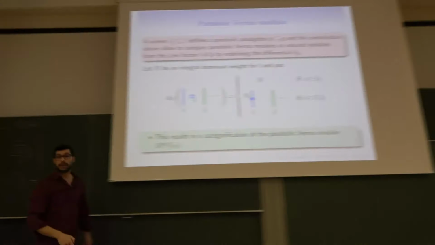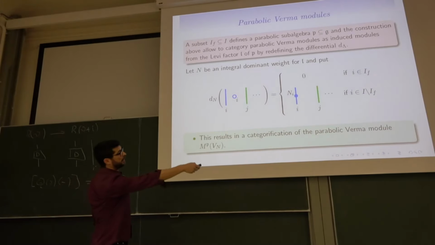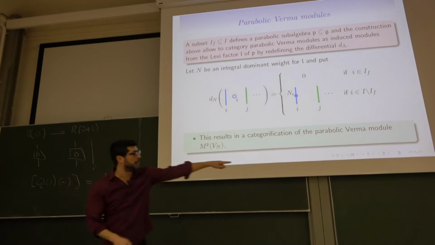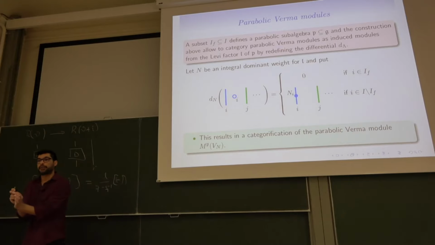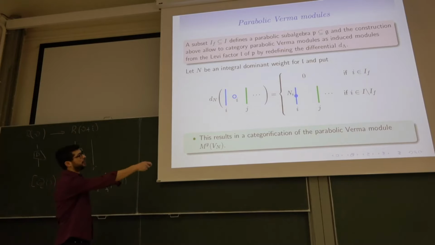So this is this formula. Let's say that I_FN labels the roots that correspond to your parabolic subalgebra, and then you only act with the differential non-zero in some of them.